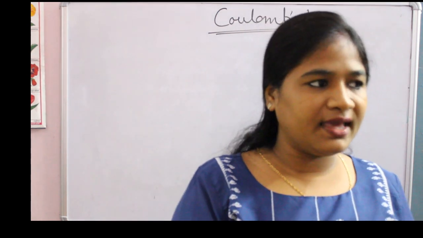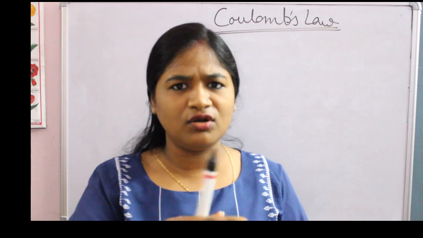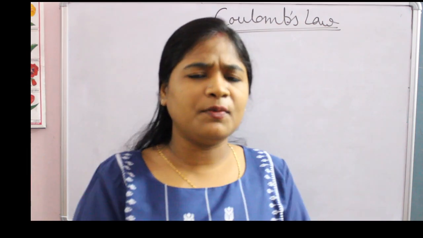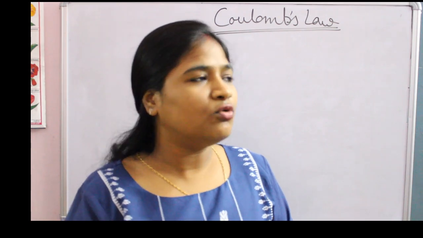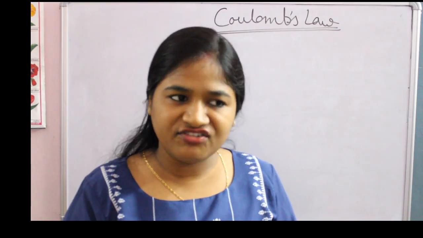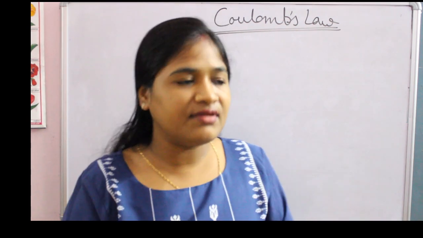This means that if we replace the mass term by the charge term, the law is almost the same. The proportionality constant in that case was G, in this case it is K. So the second point is that it is analogous to Newton's gravitational law.